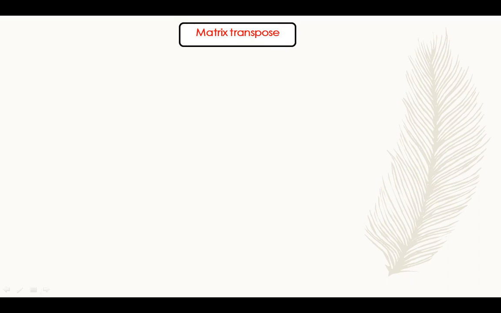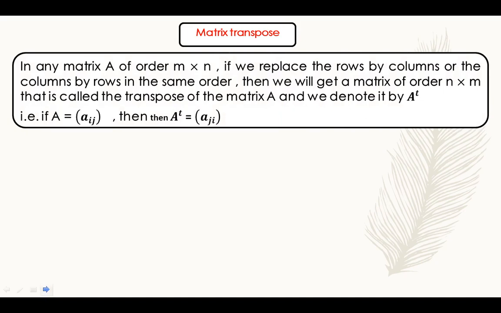Now we are going to talk about matrix transpose. So what is the matrix transpose? If we have a matrix A of order m times n, and if we replace the rows by the columns, or the columns by the rows, in the same order, then we will get a matrix of order n times m.